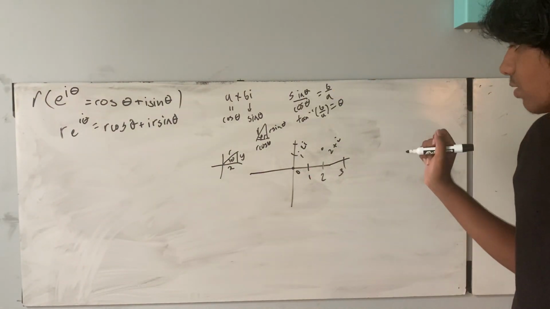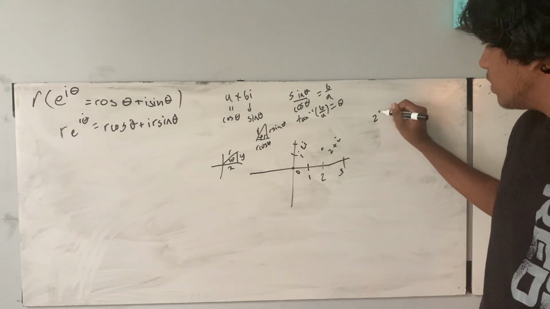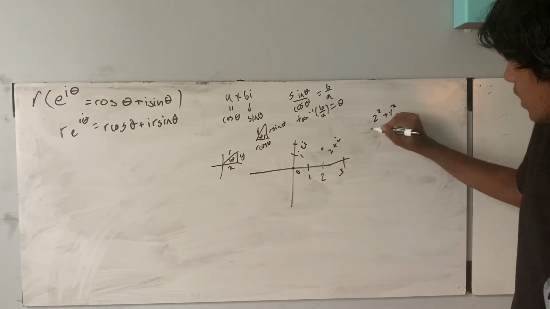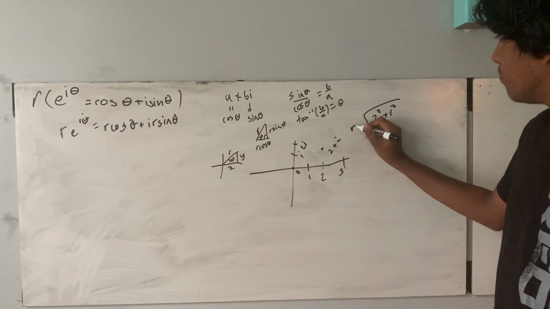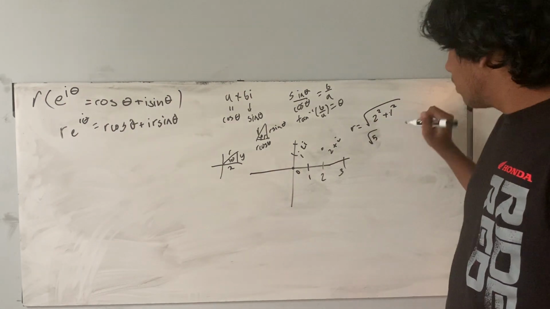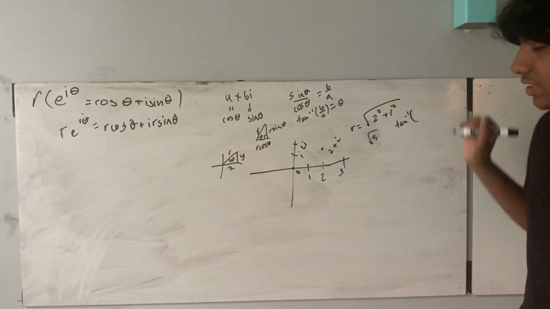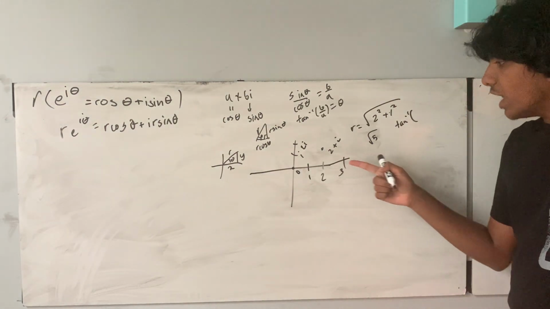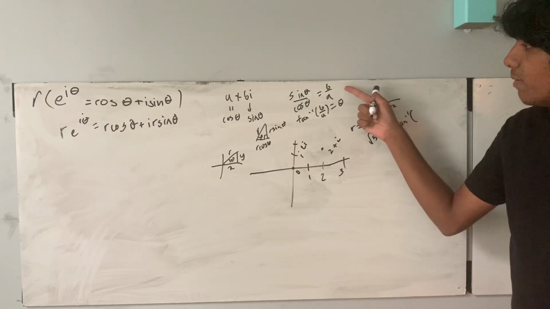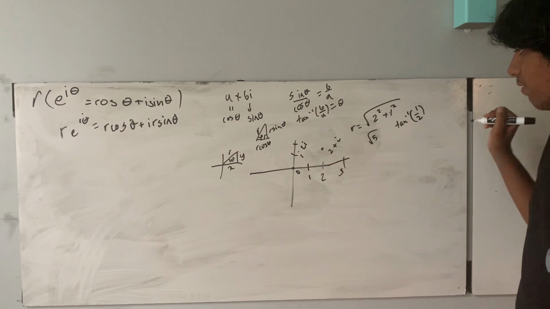So let's do this one real quick, right? This is going to be 2 squared plus 1 squared. We're going to square root that. That's your r, which is 4 plus 1, 5. And your theta is going to be the inverse tangent of b over a, which is 1 over 2, inverse tangent of 1/2.